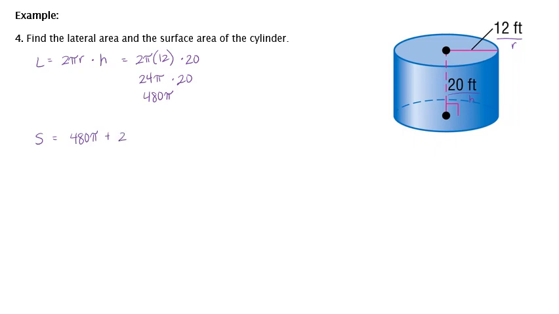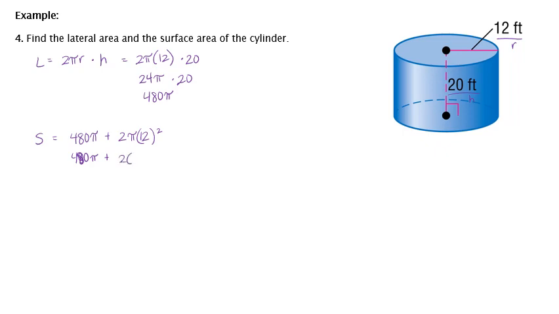So 2 times the area of the circle, pi r squared. Of course, r is 12. So if we put this all together, then we're going to have 480 pi plus 2 times 144 pi.